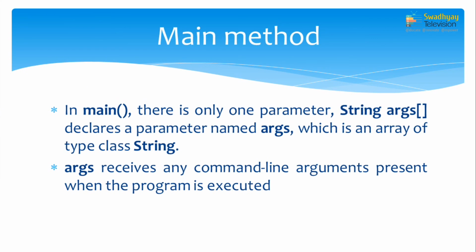Now, if you look at the main method argument, it is an array of String. This array of type String is used to receive any command line argument present when the program is executed. Now, what is a command line argument? In earlier days, people used to execute these programs from the command prompt.